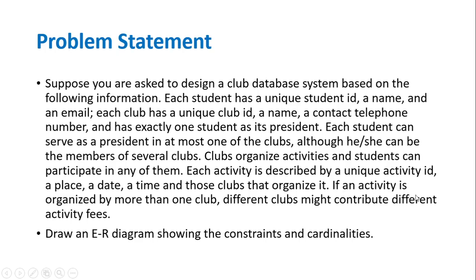If an activity is organized by more than one club, different clubs might contribute different activity fees. Draw an ER diagram showing the constraints and cardinalities. So this was the problem statement provided, right? So I'll be discussing few of the solutions from the students first, and then I'll go for the proper solution for this problem.